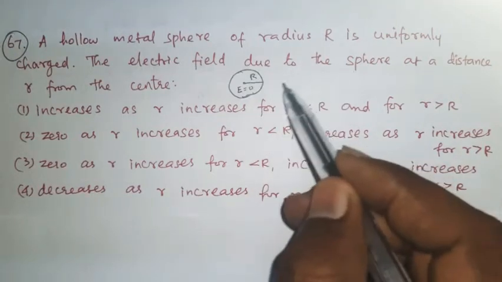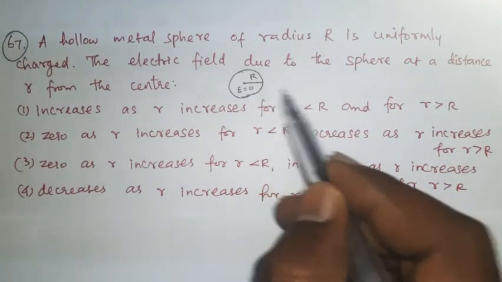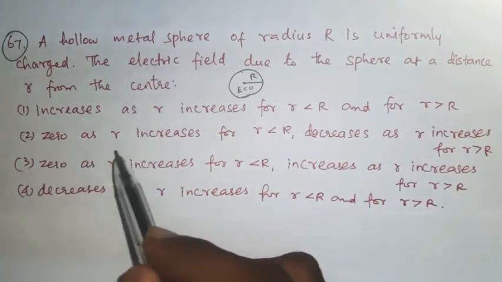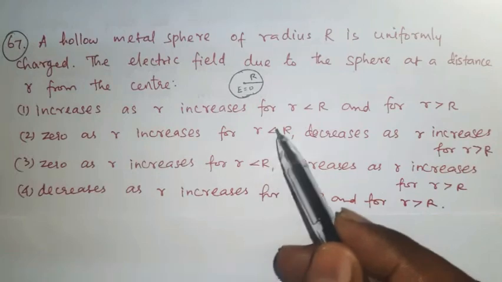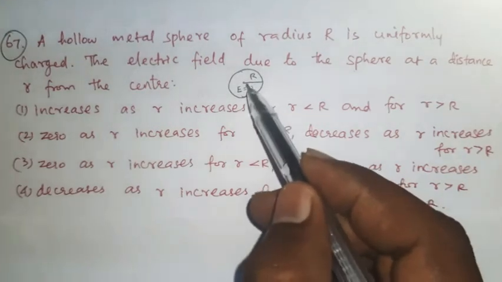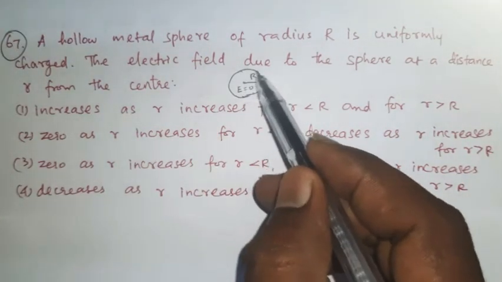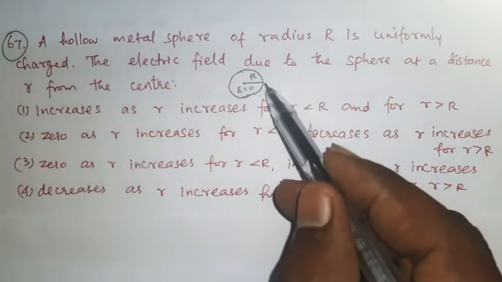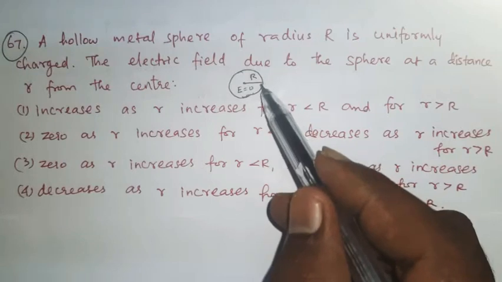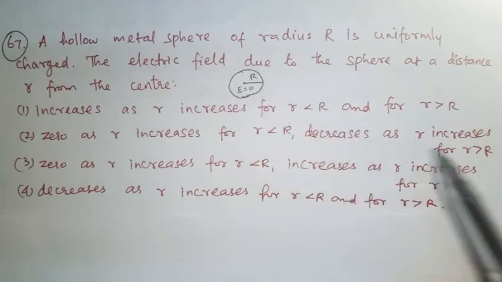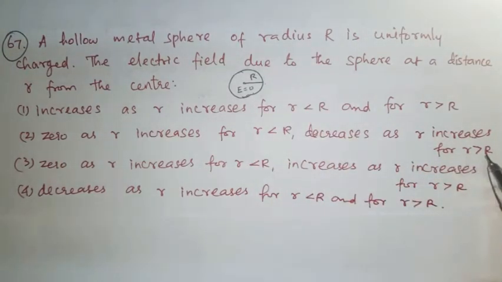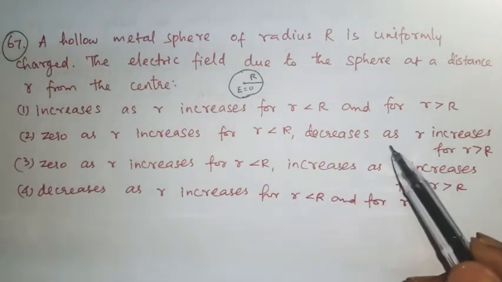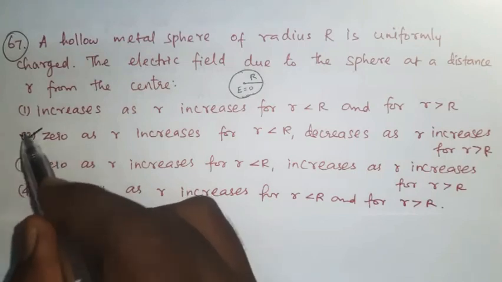Outside the sphere the electric field decreases as you go away from the sphere. So for distance less than r, the field is 0, and when we increase the distance to more than the radius of the sphere, it decreases. So option 2 is the right answer.